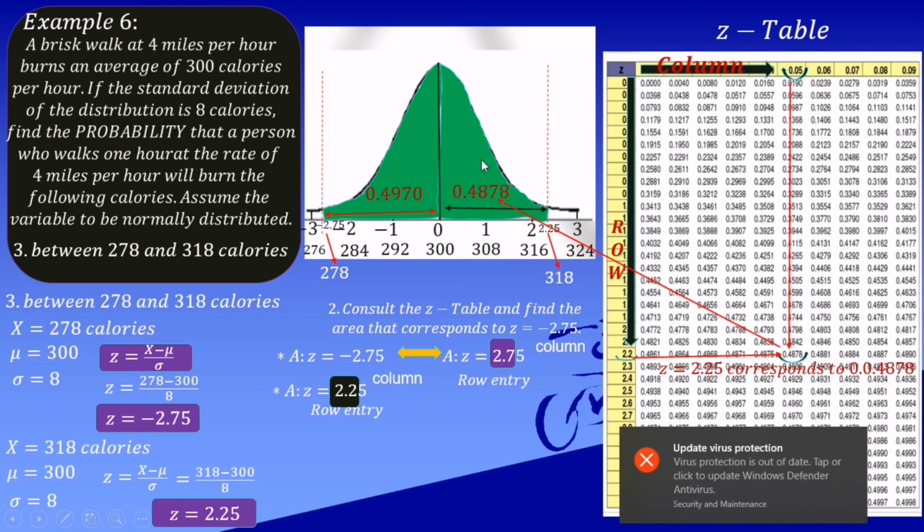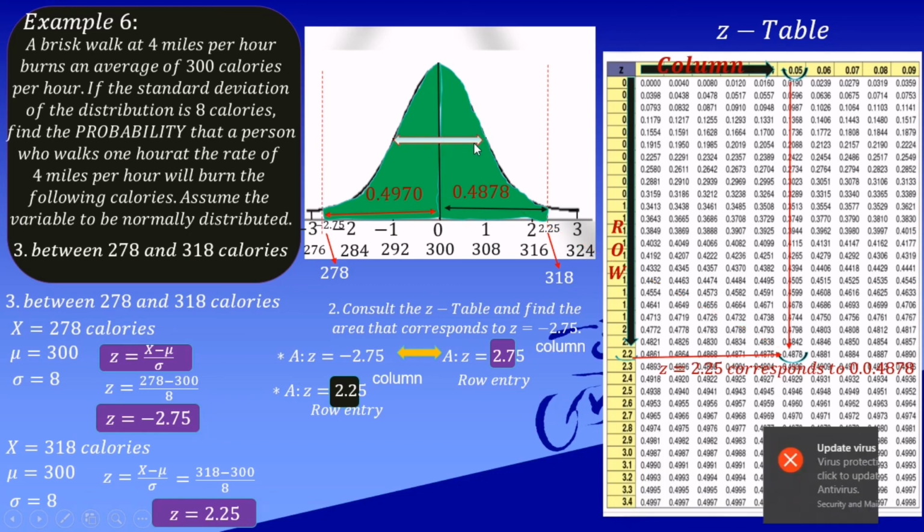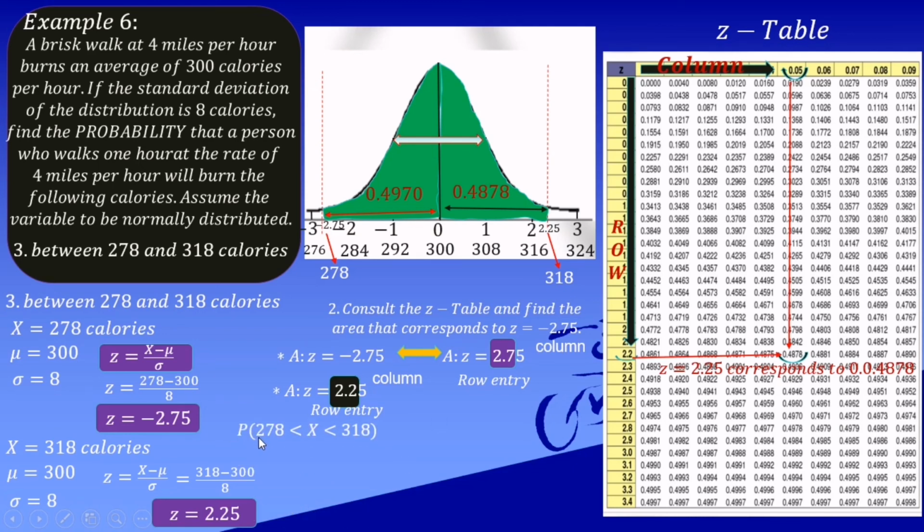Okay, yan ang sukat from 0 to 2.25. So ang tanong dito yung between 278 and 318 calories. So yan ang ating probability notation: 278 less than x less than 318 is equivalent to z-scores negative 2.75 less than z less than 2.25.